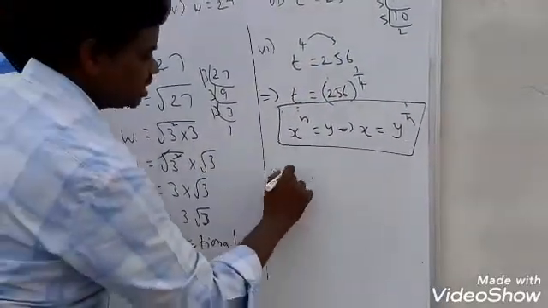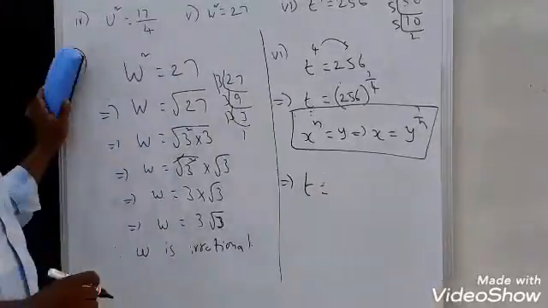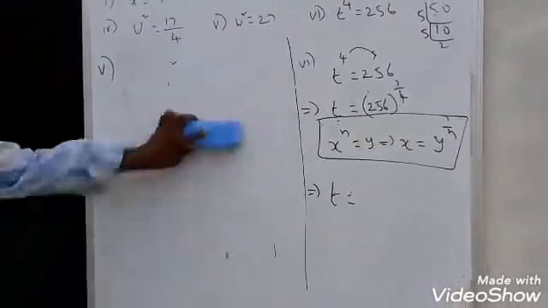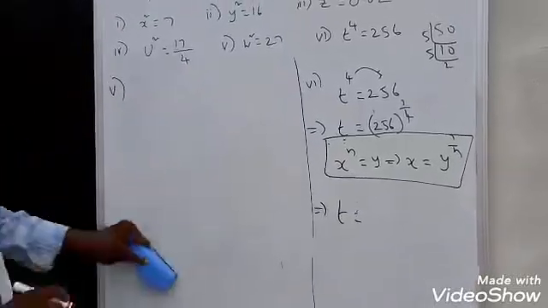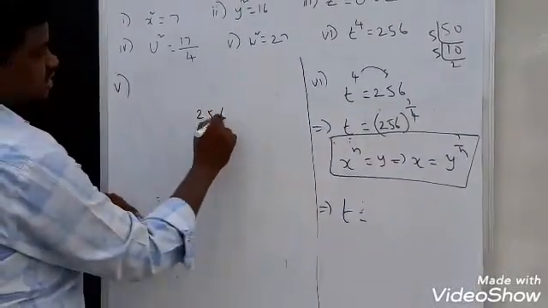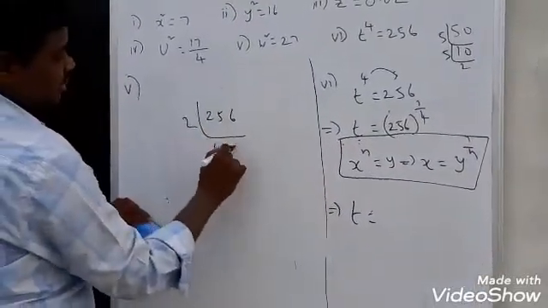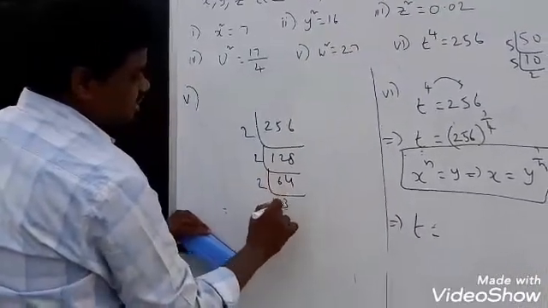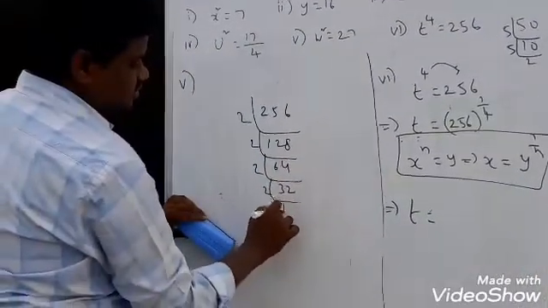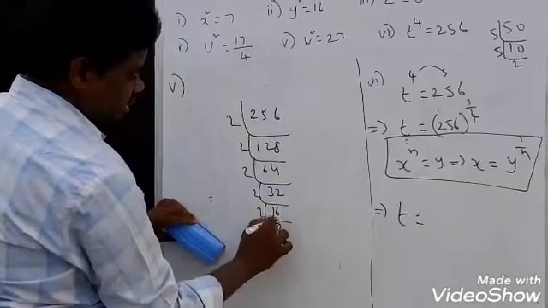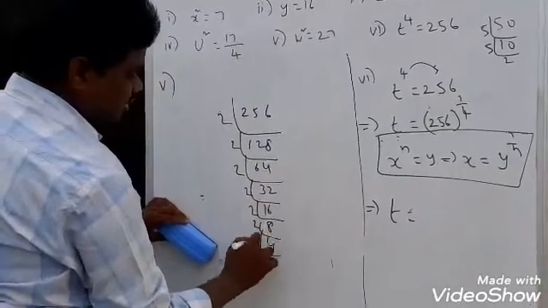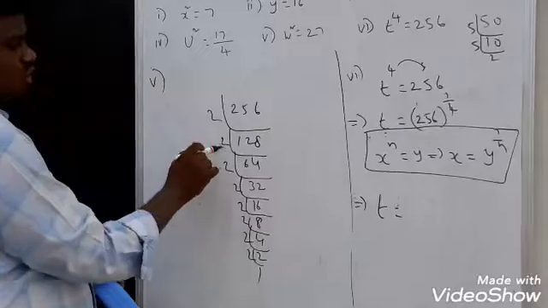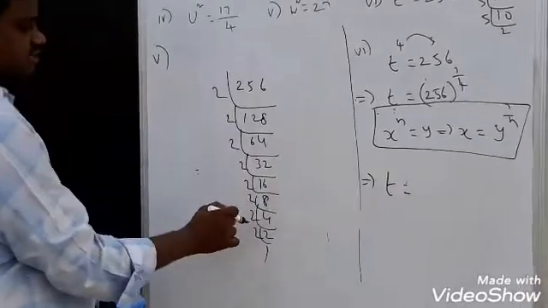So t equal to, if you take the factors of 256, what are they? 2 times 128, 2 times 64, 2 times 32, 2 times 16, 2 times 8, 2 times 4, 2 times 2, 2 times 1. 1, 2, 3, 4, 5, 6, 7, 8.